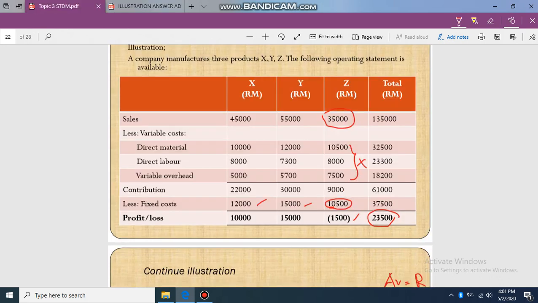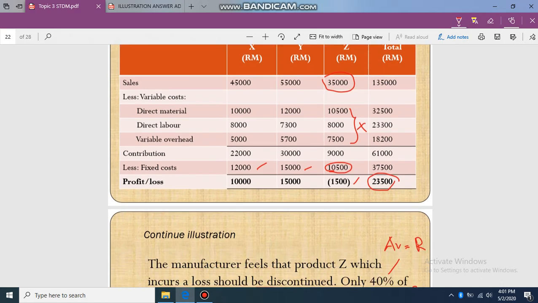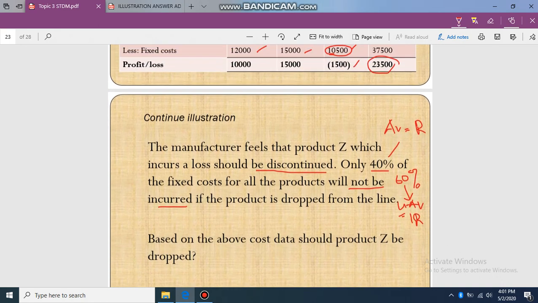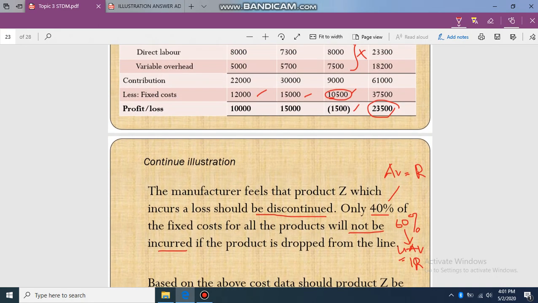Now we refer to the fixed cost. If you drop Z, how about the fixed cost of 10,500? When you drop Z, 40% will not be incurred. When you do not have to incur it, that means the fixed cost will be decreased by 40%.